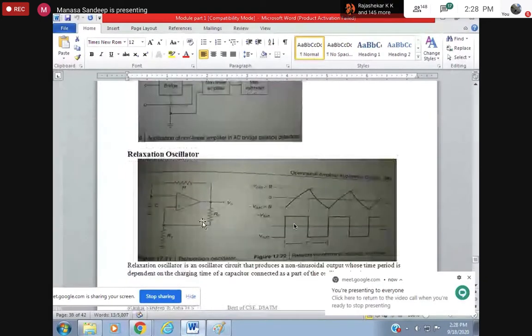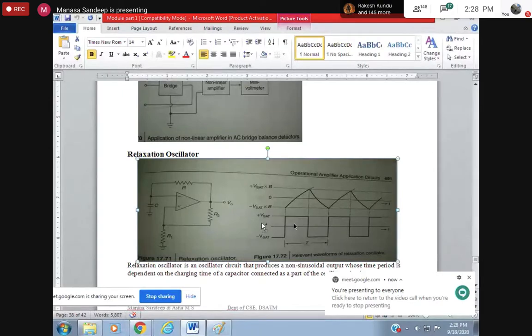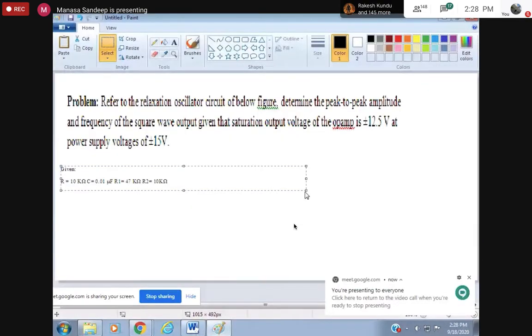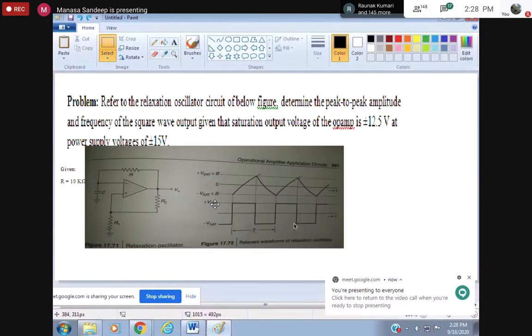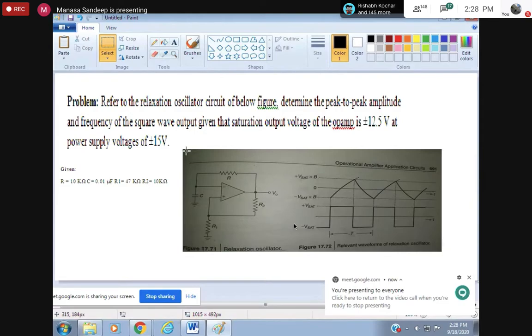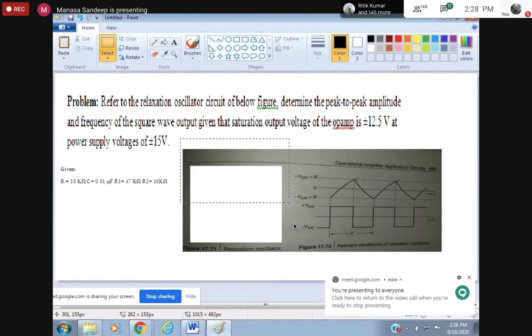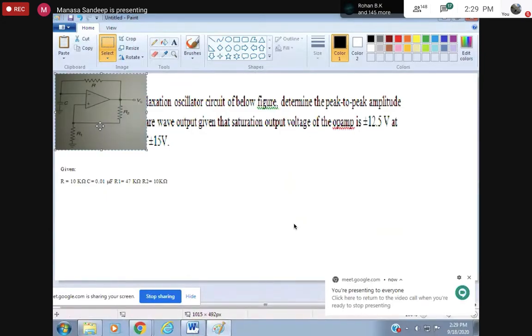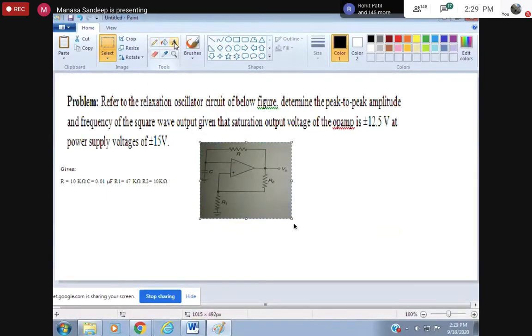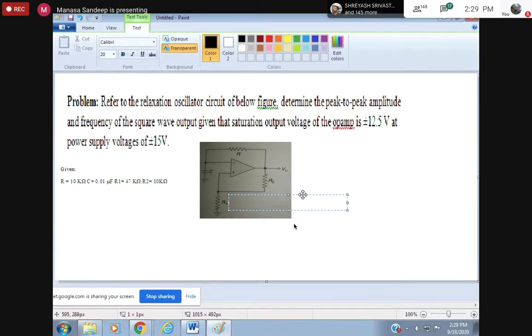This is the diagram, take it down. Here, R1 value they have given is 47 kilo ohm.